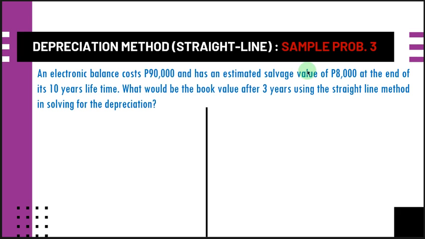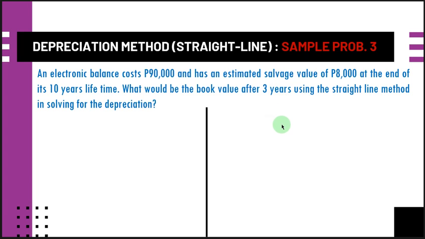And we also have the salvage value of 8,000 pesos. This is our C sub L, the salvage or scrap value. We are going to determine the book value after 3 years, so we are going to determine C sub 3.